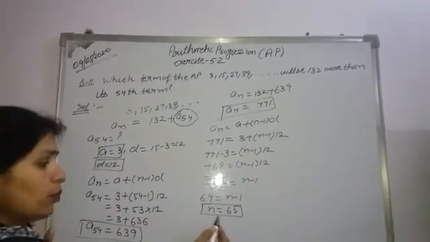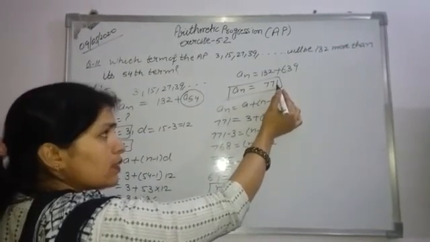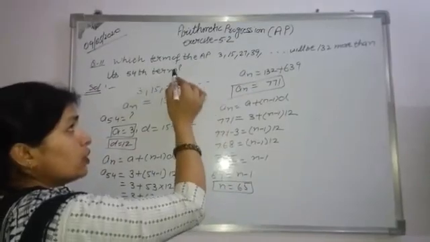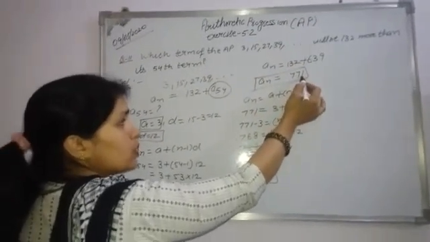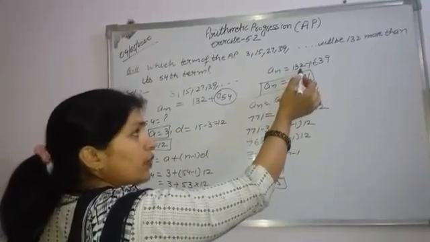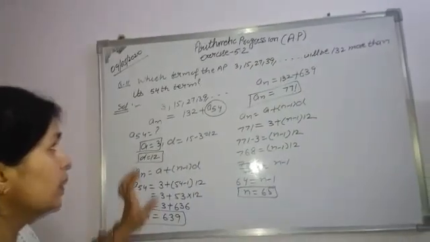It means this value is equal to 771, and what is this term? The term is the 65th term. So the 65th term of this AP is equal to 771, and this term is 132 more than its 54th term. Is it clear?